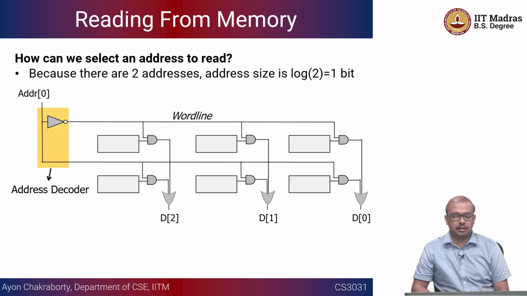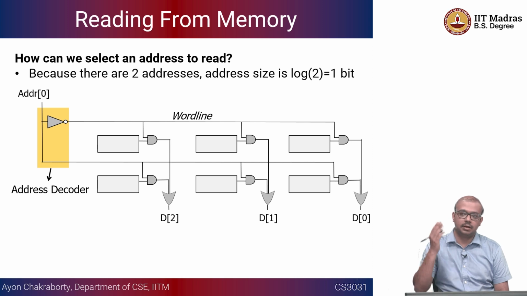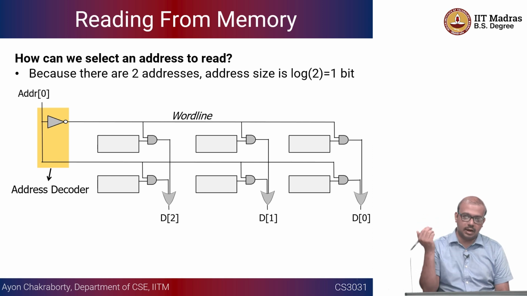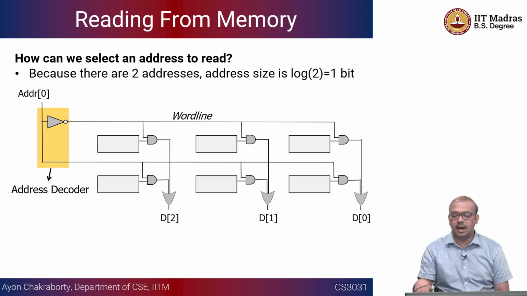And typically the thing that we are trying to do here, if you think carefully, is something that a decoder does. In this case, it was only a single bit decoding a top row and a bottom row. What if our address is of size 4? Your number of bits are going to be 2.